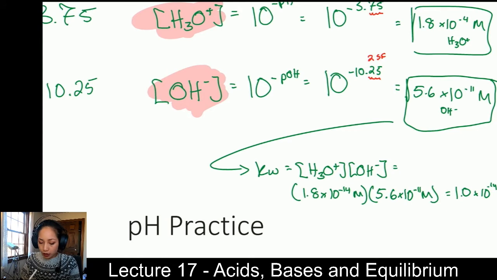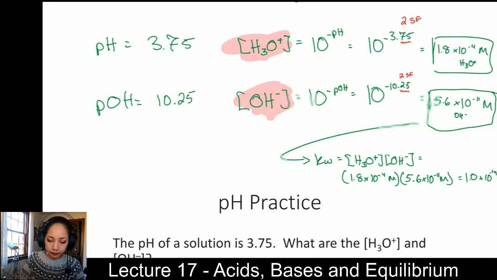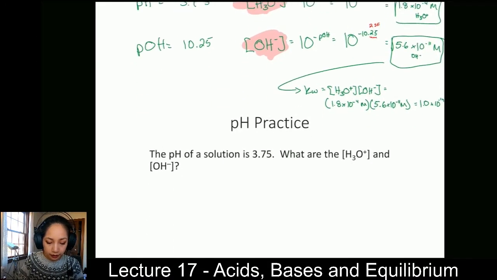Yep, when I do that in my calculator, I get 1.008 times 10 to the negative 14. So essentially 1 times 10 to the negative 14 with a little bit of rounding at the end.